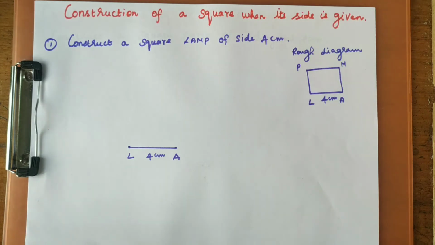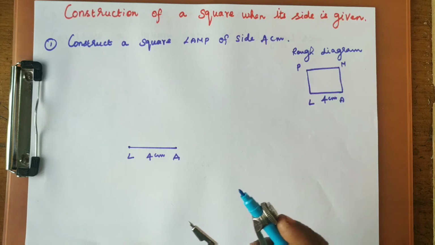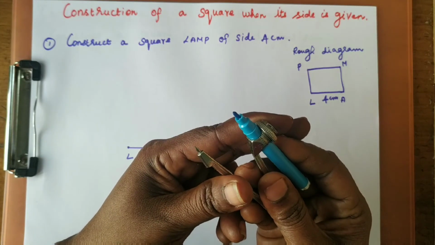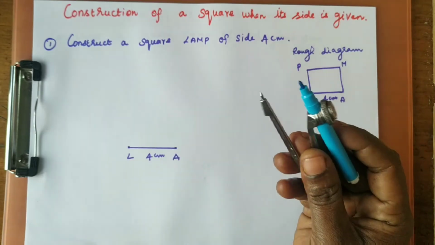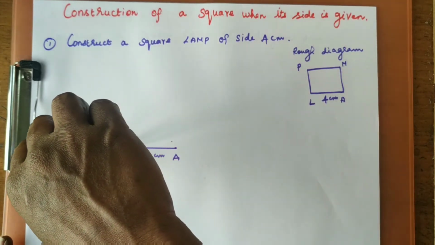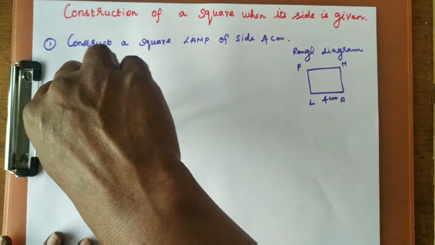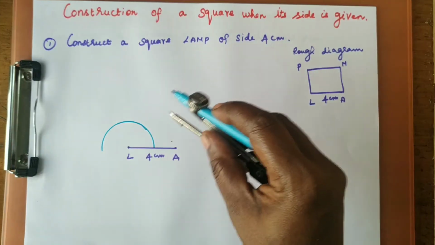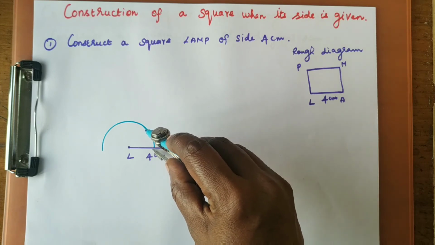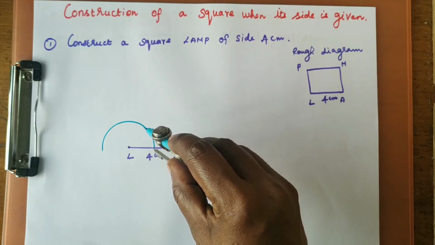It's very simple. You take the compass and take any radius, roughly any radius. From this point L you draw one semicircle like this. This semicircle touches a point on the line segment.